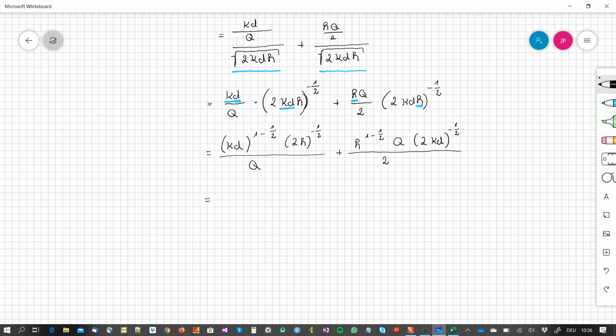Still, it doesn't look too nice. So here this is 1/2. So we have here KD 1/2 multiplied by 2h 1/2, and this is h 1/2 multiplied by q, 2kd 1/2, and then nothing has changed.